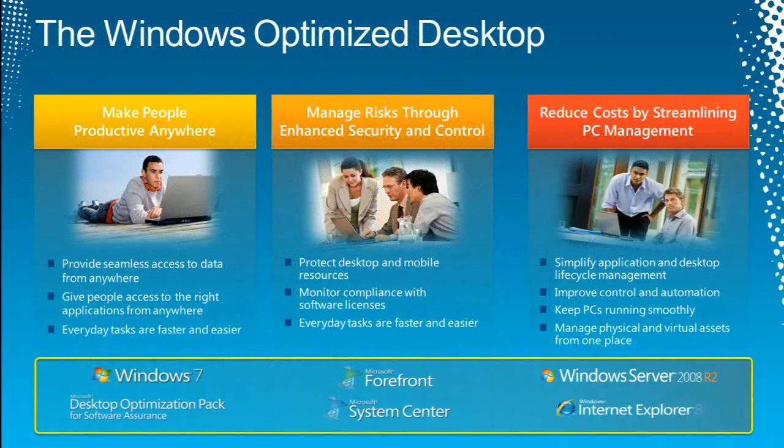Now, talking about how DaRT fits the Microsoft environment and strategy, those three pillars right there, or themes, whatever we call them, they were developed when we were creating Windows 7. Most of the feedback we got when we were creating Windows 7 fell into those three categories: make people productive anywhere, manage risks through enhanced security and control, and reduce costs.